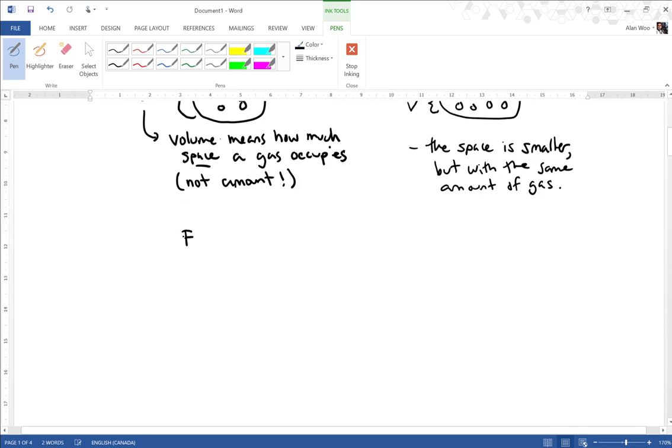So the formula, which is what we refer to as a gas law, okay, so the formula or law is P1 times V1 equals P2 times V2. Okay.